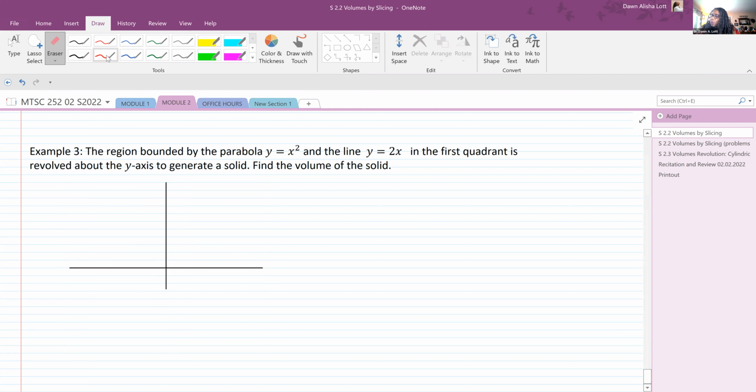Okay, so the line y is equal to 2x, and then the parabola y is equal to x squared. When I do that, here is my region.